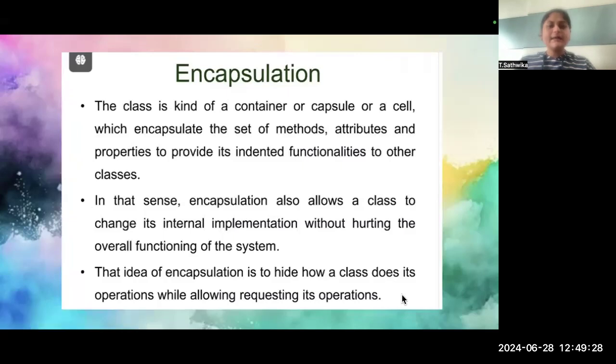Now, the class is a kind of container or capsule or a cell which encapsulates a set of methods, attributes, and properties to provide its intended functionalities to other classes. In that sense, encapsulation also allows a class to change its internal implementation without hurting the overall functioning of the system.